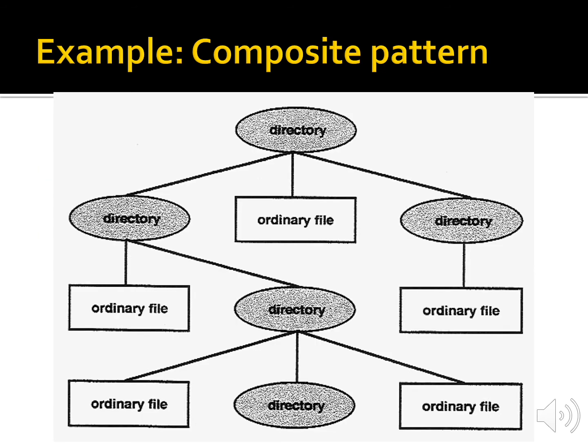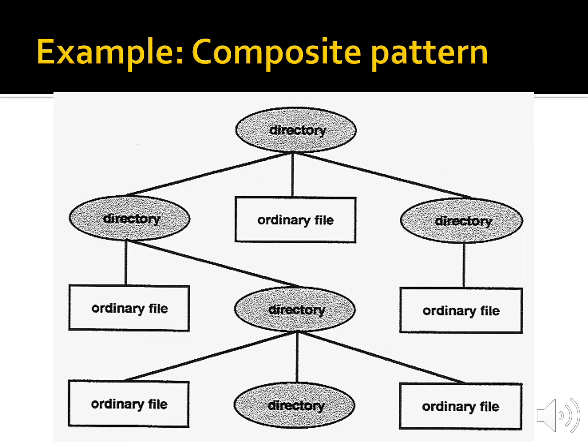To represent the Windows folders and file system as a composite or tree structure, you can see this diagram: at the parent or root node there is a directory. A directory may have other subdirectories or files, so it has three branches, and two branches further have children of ordinary files, and the third child is a leaf because it doesn't have any further branch or any information to store.